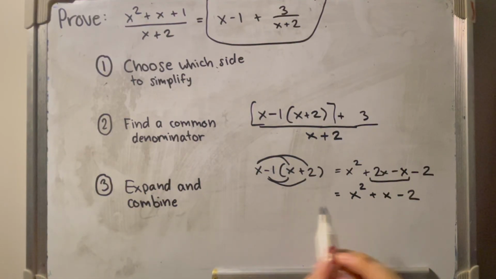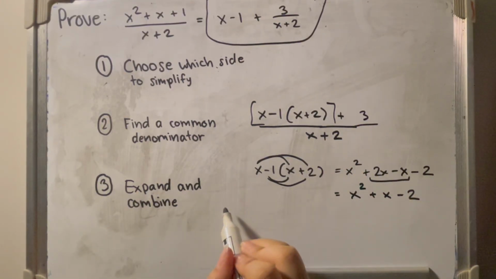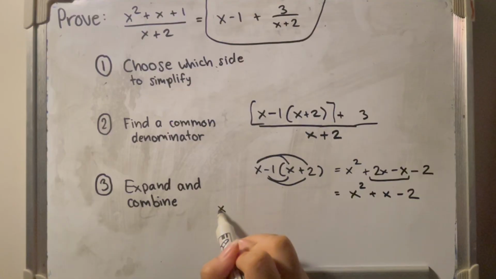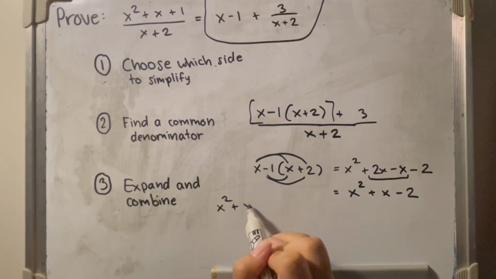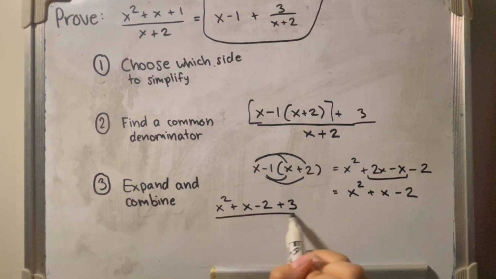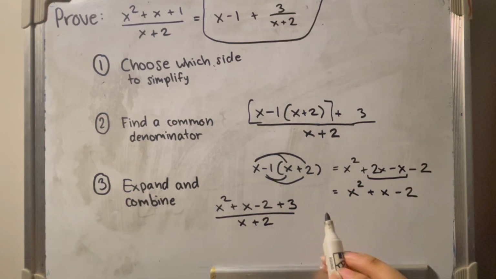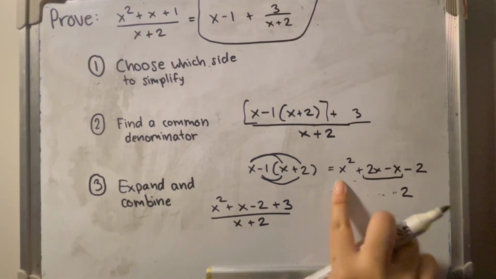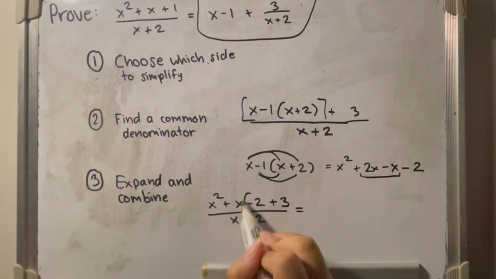So let's write that down with the denominator on the bottom as well. We take this over here and transfer it here. So x squared plus x minus 2, and then plus 3, and then divided by x plus 2 from here. Now I'm going to erase this so I have more space. Okay, now we can just add over here.